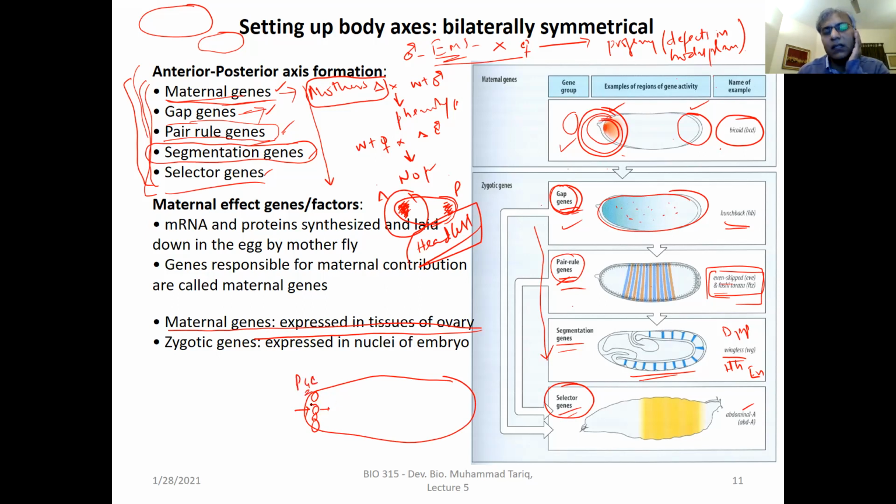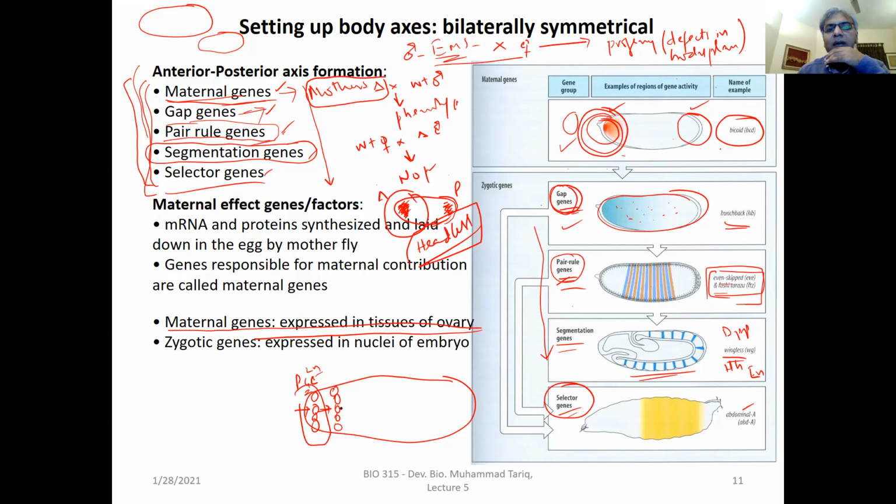They have not yet gone into meiosis. They are still diploid. One of them moves into meiotic phase. It divides. This is, let's say, the stem cell hub.